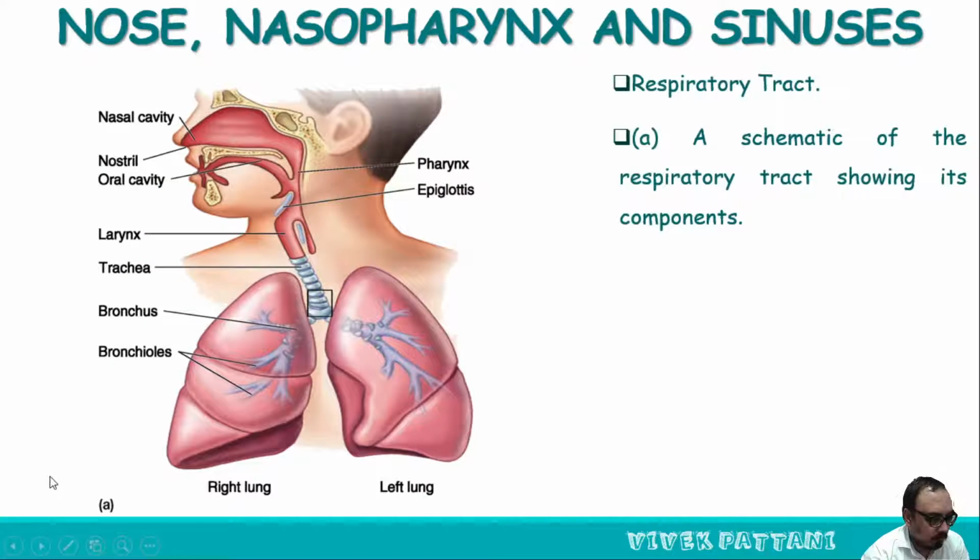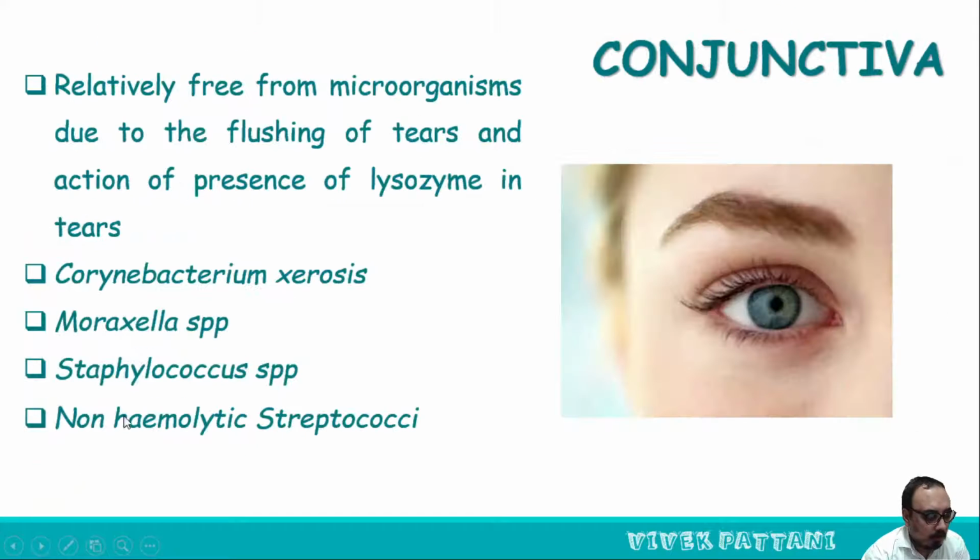So, what is basically the normal flora of the eye, and which are the general microbes present in the eye? Okay, so relatively, the eye is basically free of microorganisms.